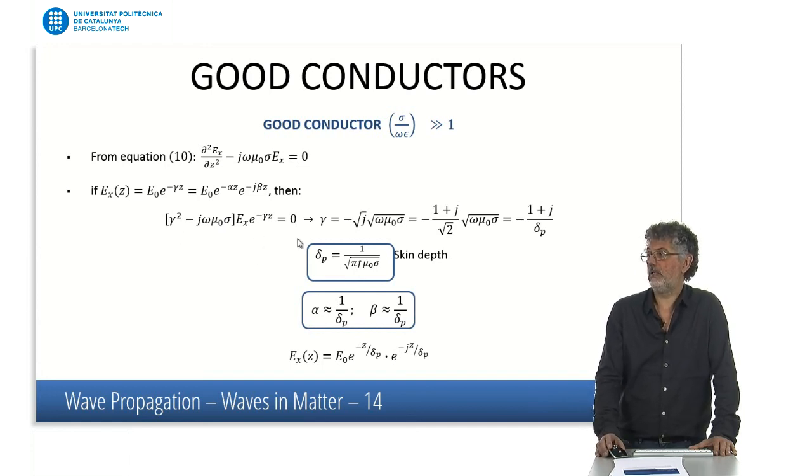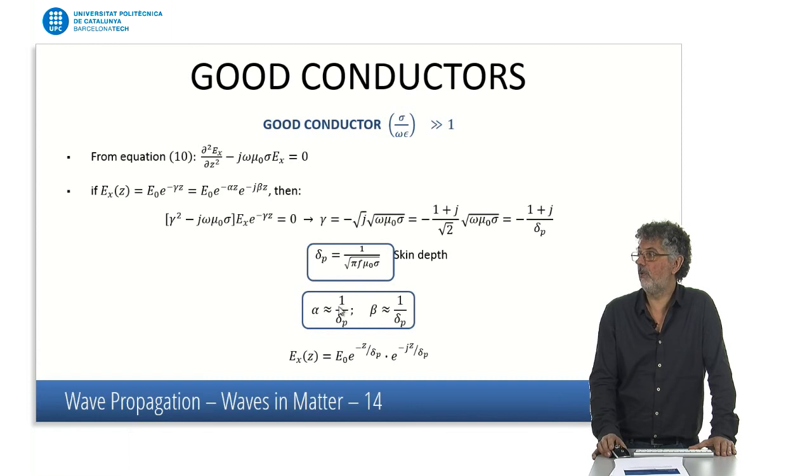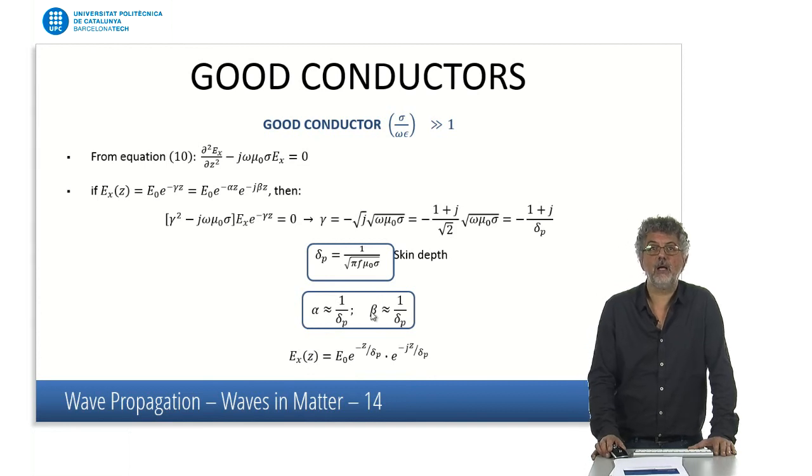In that case, we can see that the propagation constant gamma has this expression, and as we said before, the real part of gamma is alpha and the imaginary part of gamma is beta. And we can see that, interestingly, they are both the same. In that case, we define the penetration depth or the skin depth as this value, 1 over the square root of pi times frequency times mu times sigma. And the wave has this sort of propagation. And notice that in a good conductor, alpha and beta are the same.